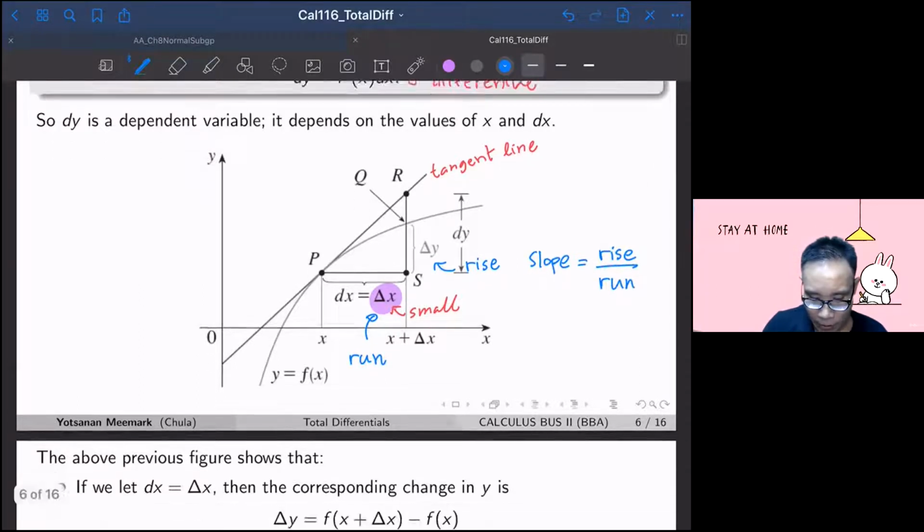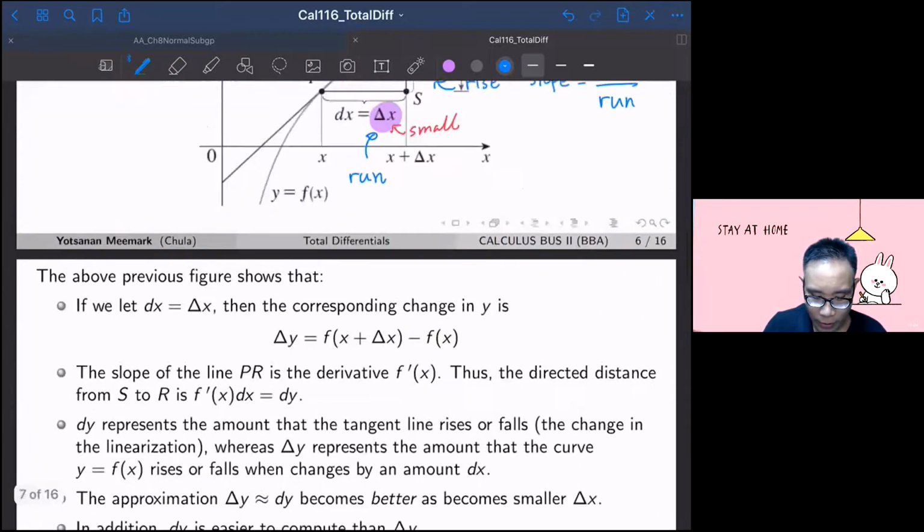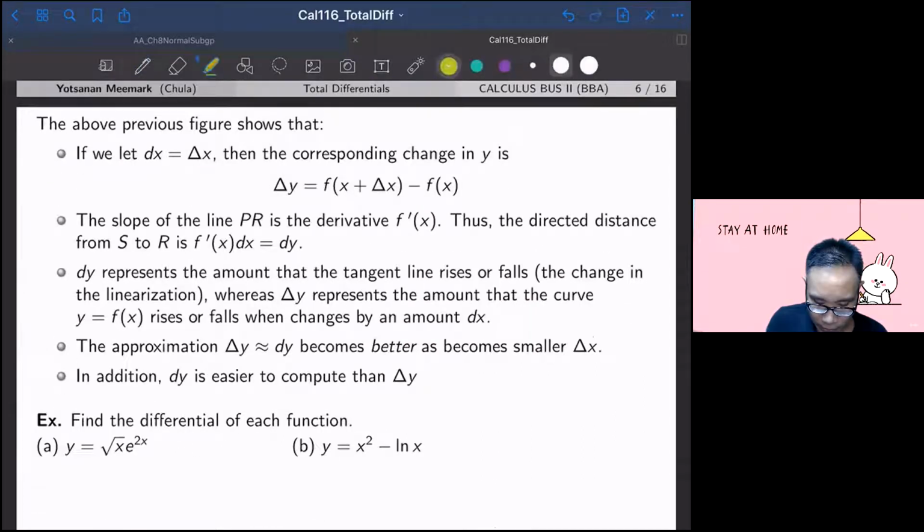However, the thing that we need is that delta y and dy are approximately equal. The approximation of delta y by dy becomes better as delta x becomes smaller.